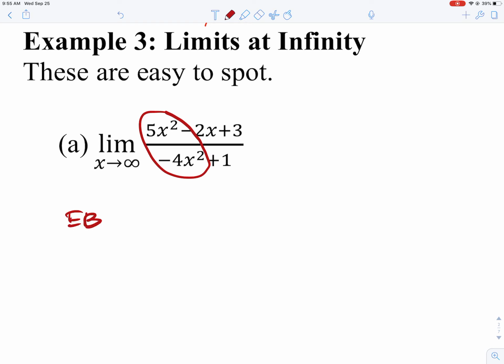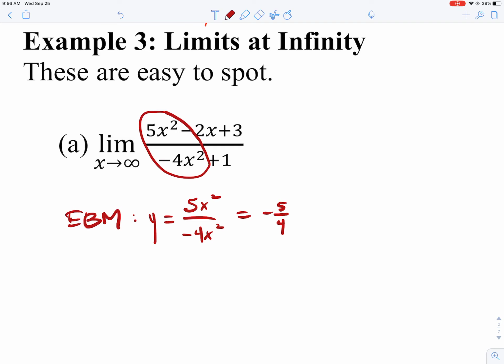The end behavior model for this function will be the ratio of 5x squared over negative 4x squared, because 5x squared will dominate the other terms in the numerator as x gets infinitely large, and negative 4x squared will dominate the other term in the denominator. So we can see that the x squareds cancel, leaving us with negative 5/4.